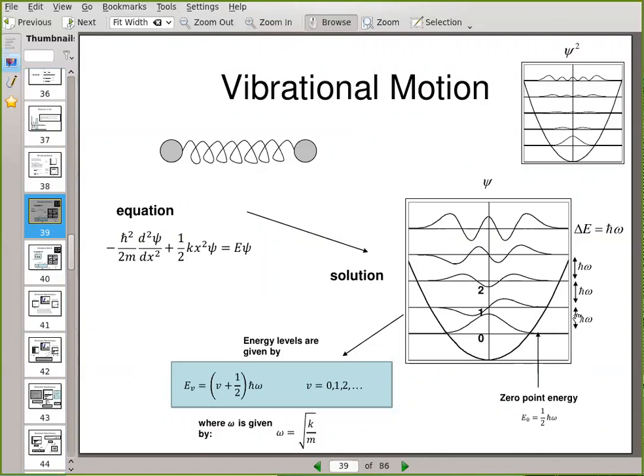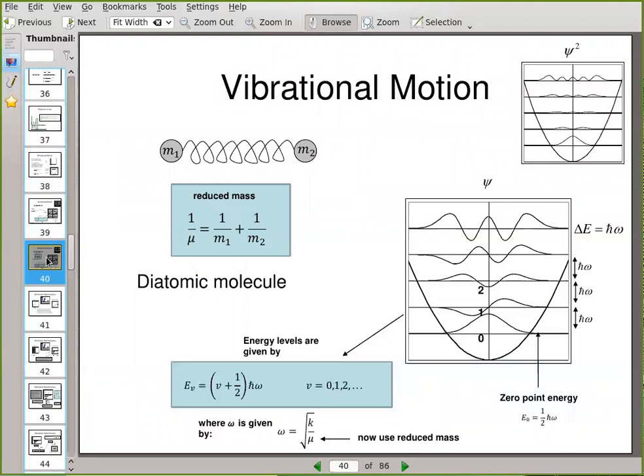The difference between the energy levels is proportional to the force constant over the mass of the particle. When we go to a diatomic system, it works out precisely if you exchange the mass for the reduced mass of the entire system. Then your energy levels come out exactly the same.